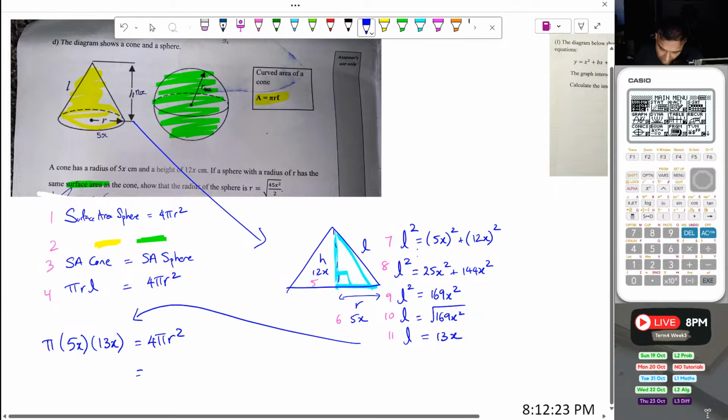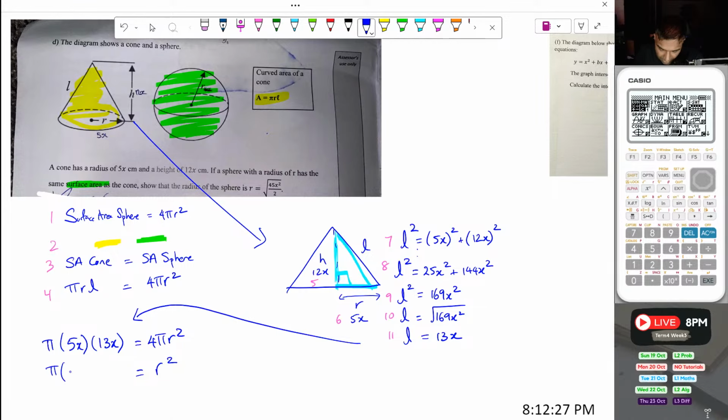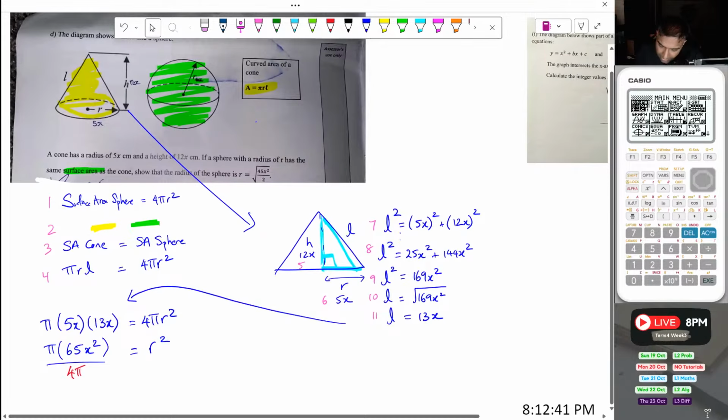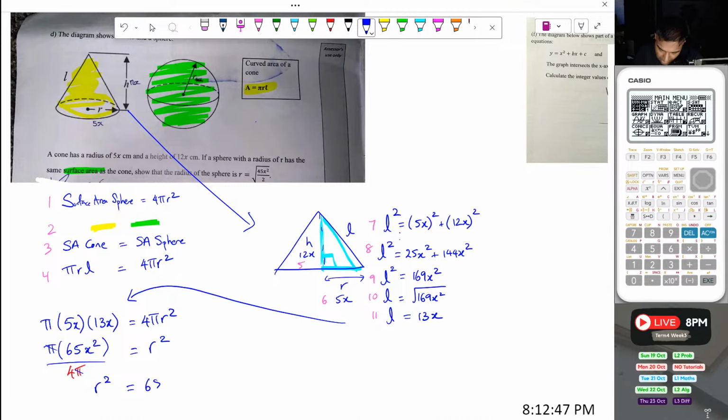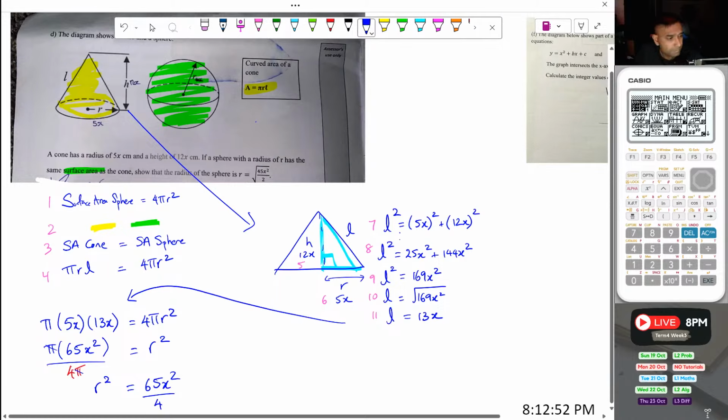So r squared is equal to pi times 13 times 5, which is 65, so I get 65x squared pi divided by 4 pi. My two pi's are going to cancel each other out, and I'm left with r squared is equal to 65x squared over 4.